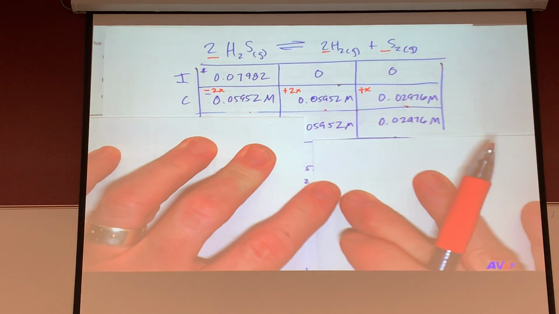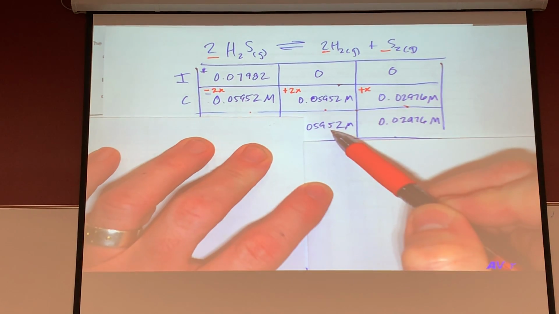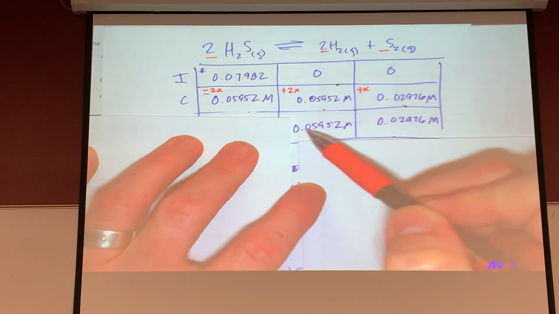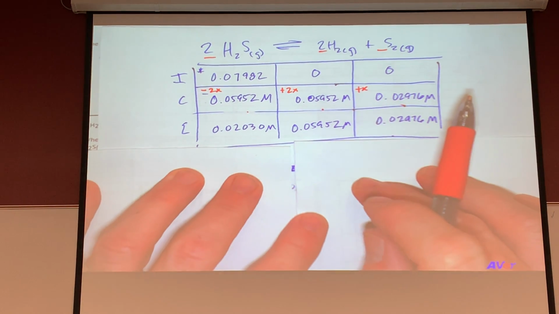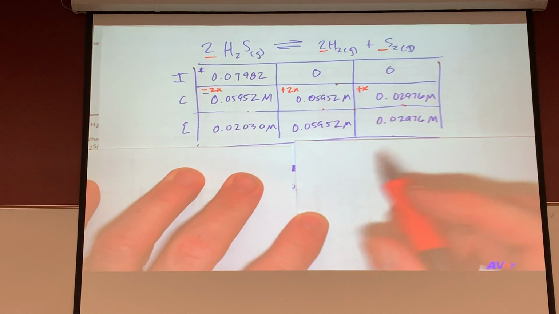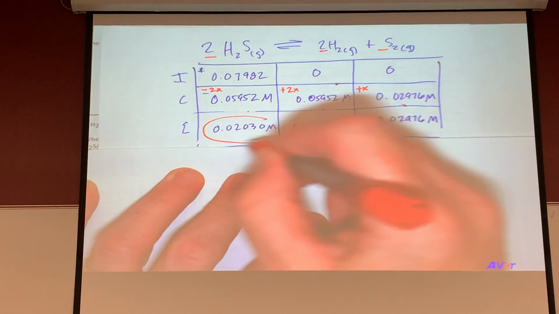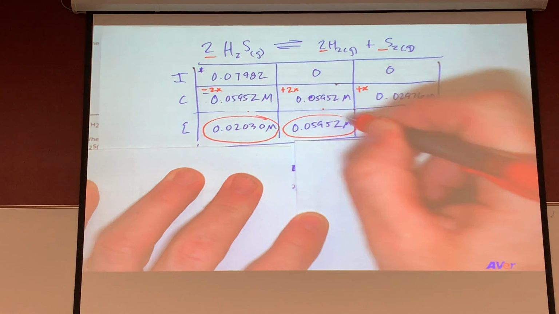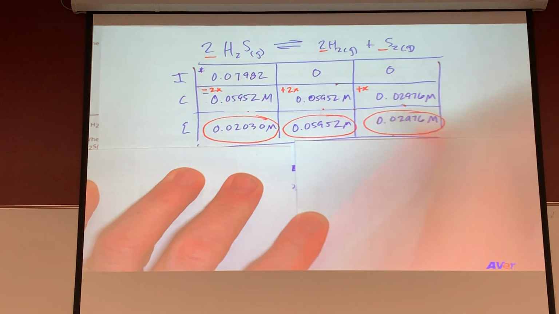The equilibrium row is the addition, and then that's the subtraction. So at equilibrium, you have these three concentrations. Any questions to that point?